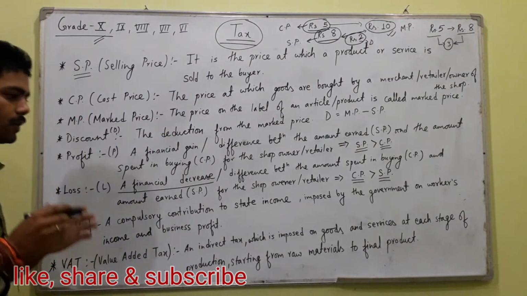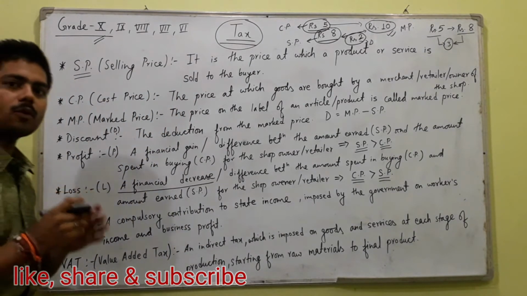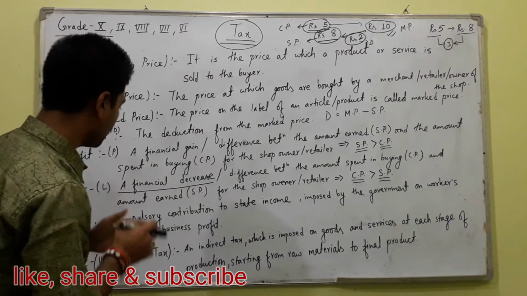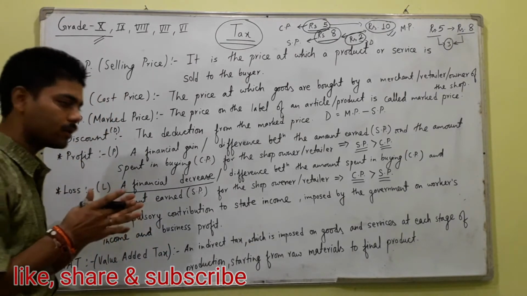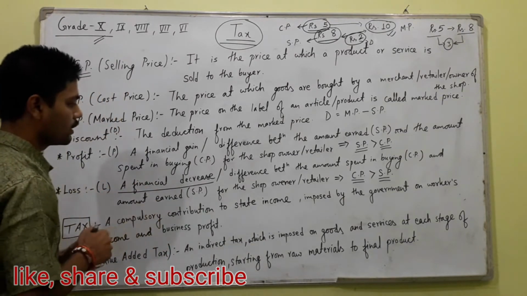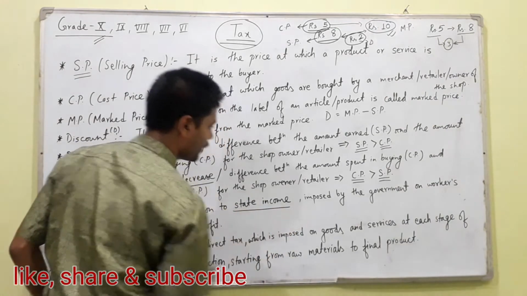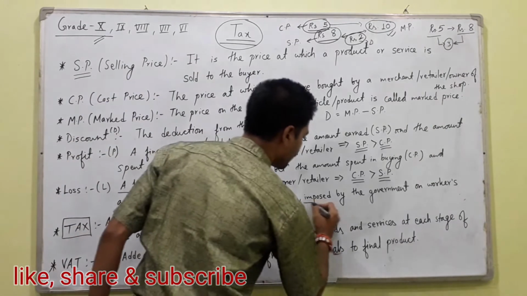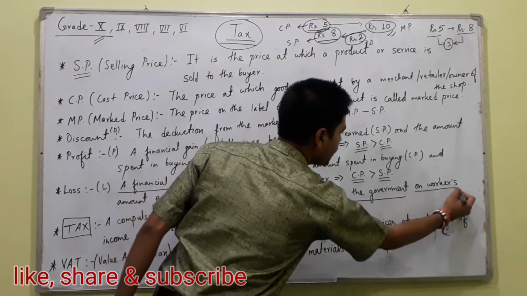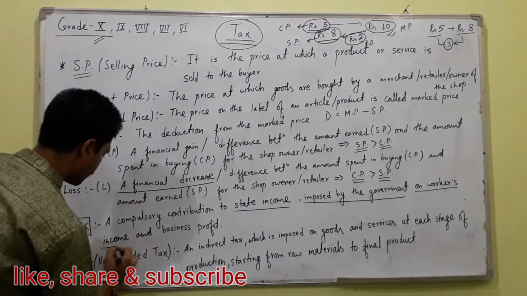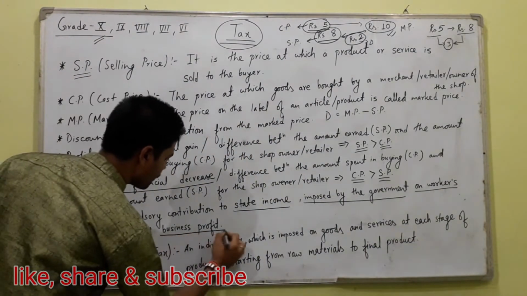It means whenever we get any type of services in our country, we have to pay some compulsory amount of money to the state or the country, imposed by the government on a worker's income or our business profit.